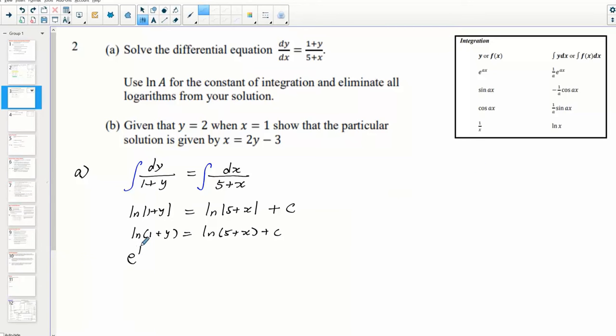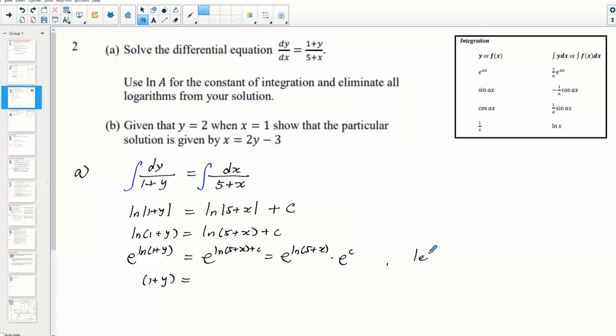So exponential of log 1 plus y equals exponential log 5 plus x plus the c. Again, using our knowledge about the relation between exponential and logs, their opposite calculations, you will have 1 plus y on the left, and on the right side, it's an addition in the index, so we have e to the log 5 plus x times e to the c.